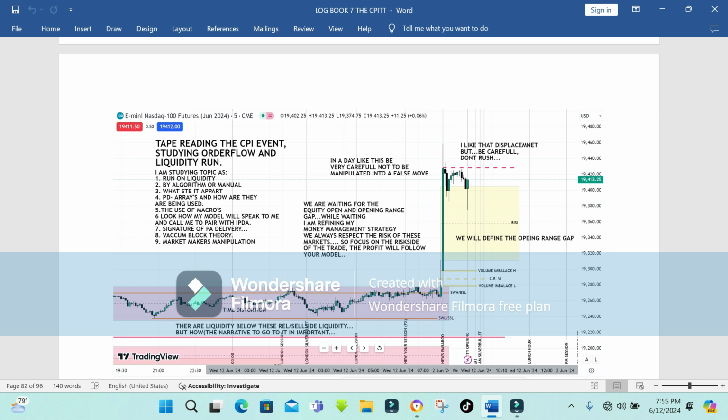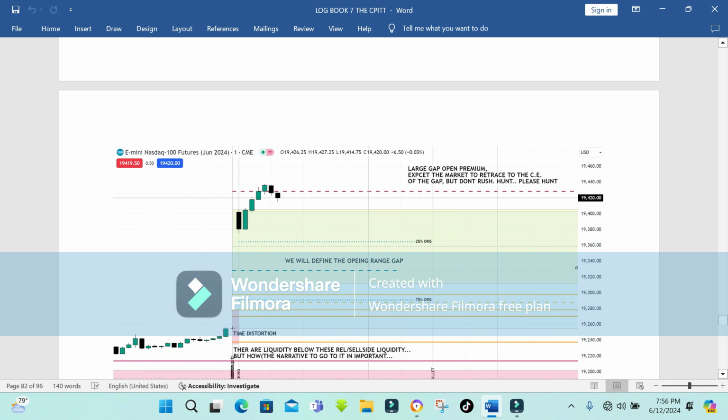Today I will be doing the analysis from the micro contract of both the ES and the Nasdaq. So this was the ball game.